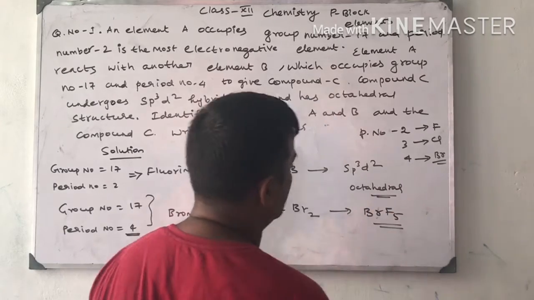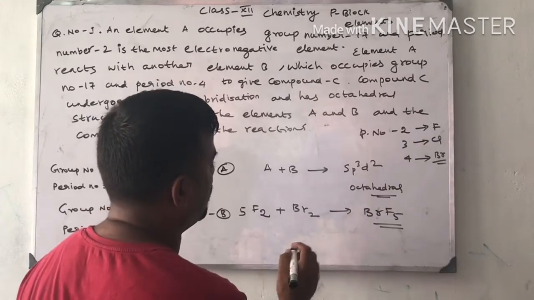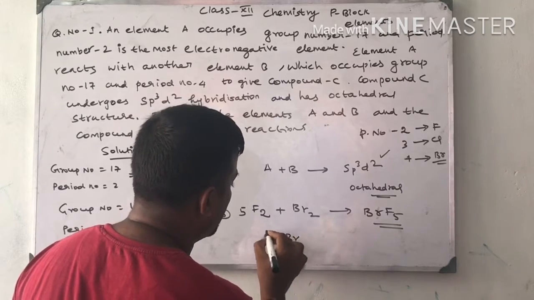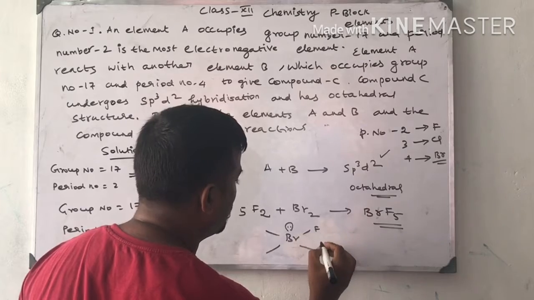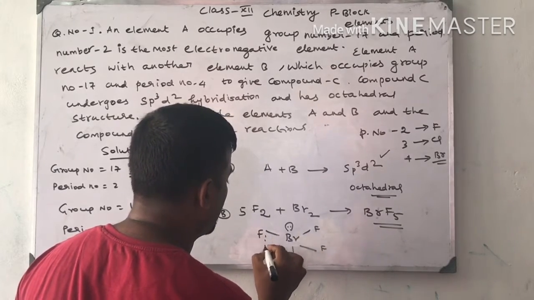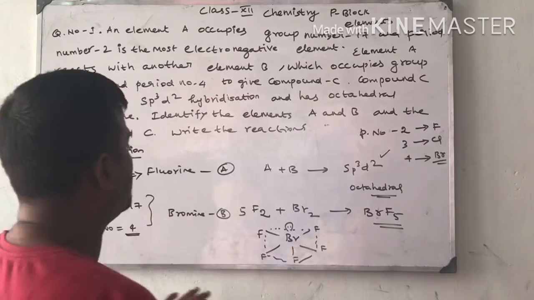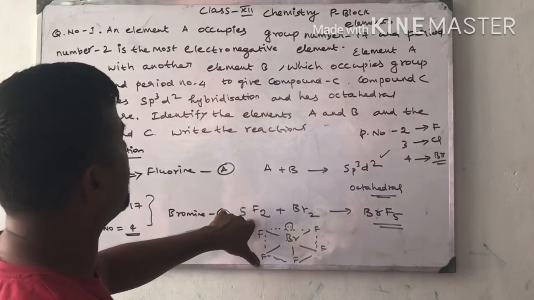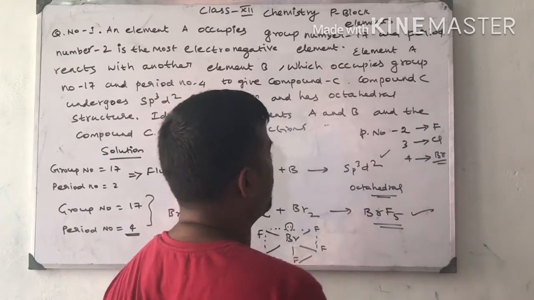I am drawing this because this is the octahedral structure, sp3d2 hybridization. BrF5: 1, 2, 3, 4, 5. This is octahedral geometry. So 5 molecules of fluorine and 1 molecule of bromine give bromine pentafluoride.